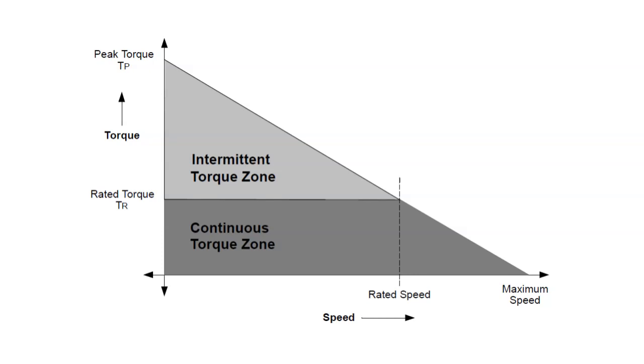For example, if you want to design an electric vehicle motor, we need two torque values. One of them is peak torque, and one of them is continuous torque. For example, when your electric vehicle goes up a high slope, you need peak torque.